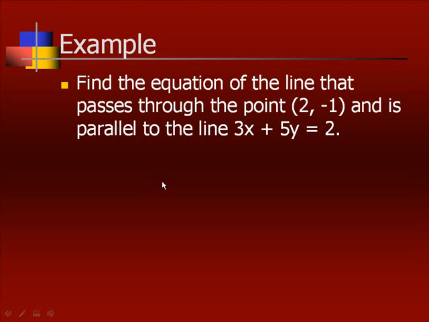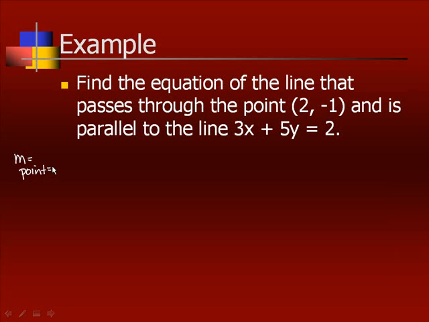So now let's use this with what we've already learned. Find the equation of the line that passes through the point 2, -1 and is parallel to the line 3x plus 5y equals 2. Now remember, to write the equation of a line, you need a slope and you need a point. If the point's the y-intercept, then we can just use our slope-intercept.